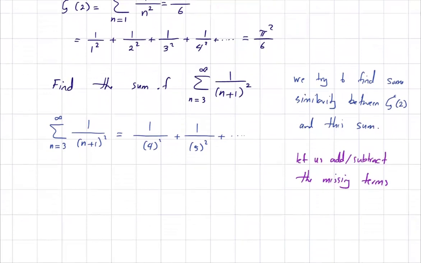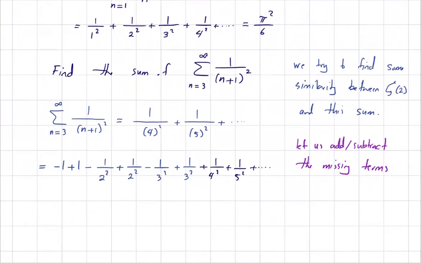So this can be written also as 1 minus 1, and then the next term is 1 over 2 to the second power. So you're going to add and subtract 1 divided by 2 to the second. Also 1 divided by 3 to the second is missing. That's 1 divided by 3 to the second. And then just copy down the rest of the terms here. Plus 1 over 4 squared plus 1 over 5 squared plus the rest of the terms.